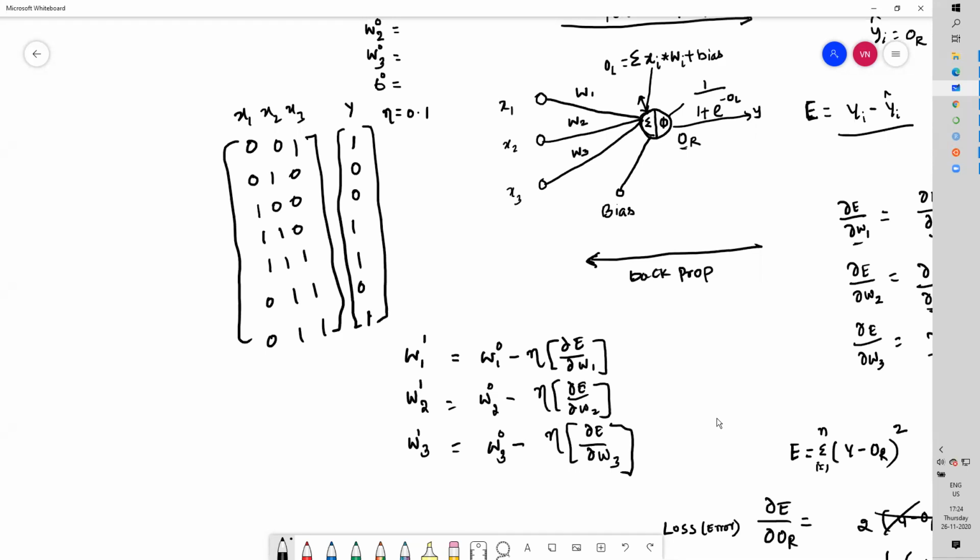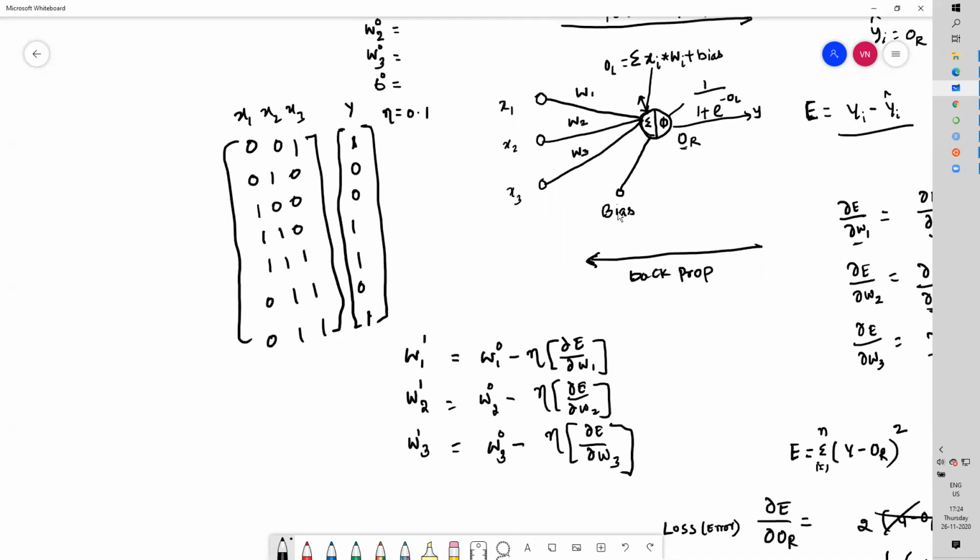We need to figure out how we can generate this output from this input. Okay, fine. How many input features do we have? Observations are 7, but inputs means the features. We have 3 features, x1, x2, x3. How many weights do we have to generate? 3 weights: W1, W2, and W3.